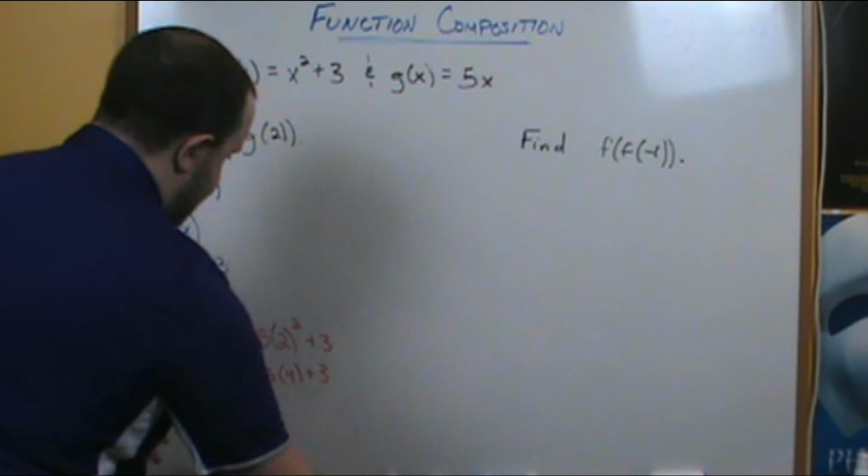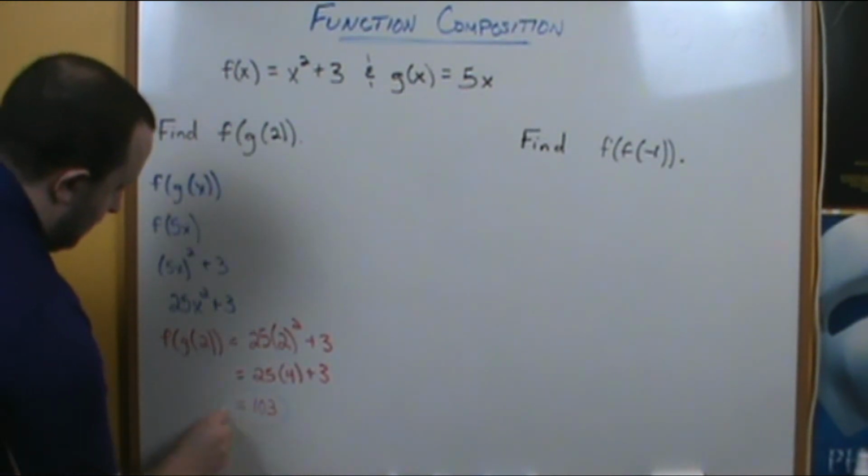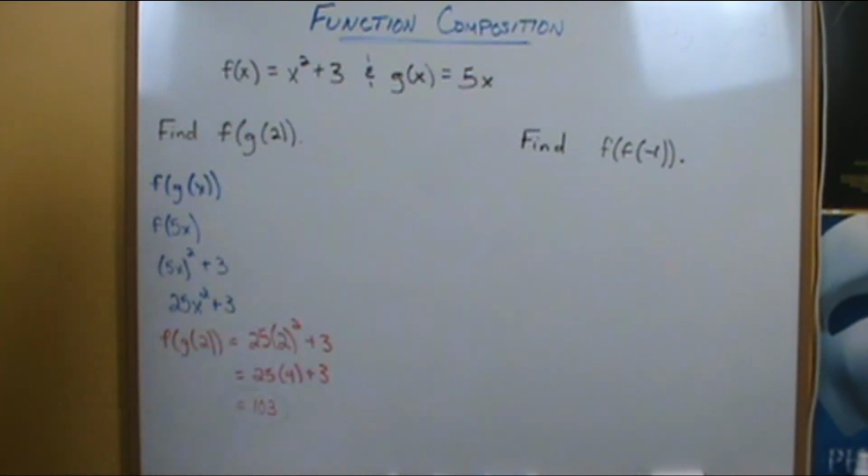And that right there is your answer. The function f evaluated at g of 2 is going to be 103.